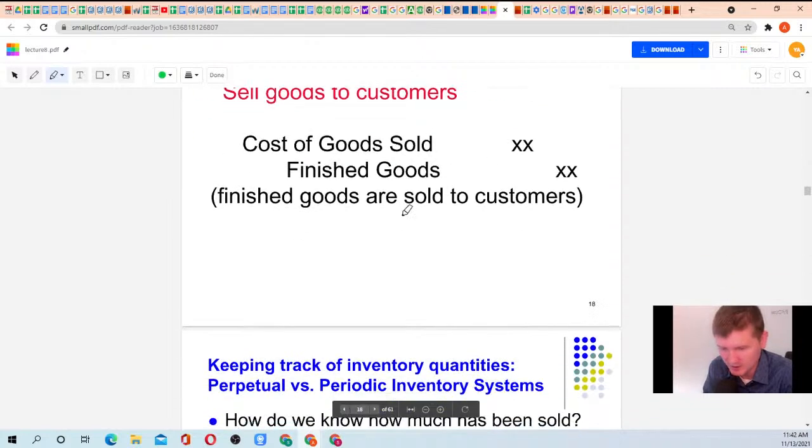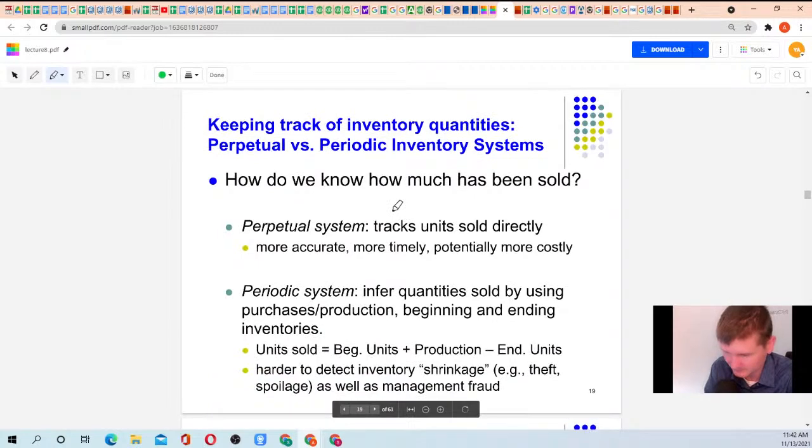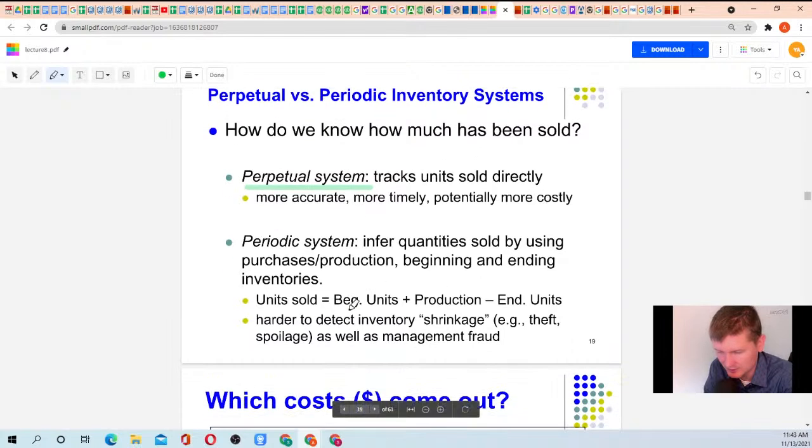We discussed when we have that situation: how do we know how much has been sold? So we either keep a perpetual system, so we track units. Most of the time we cannot do that, but in theory we can. Or we run through periods, and we calculate quantities sold by using purchases, production, beginning and ending inventories.